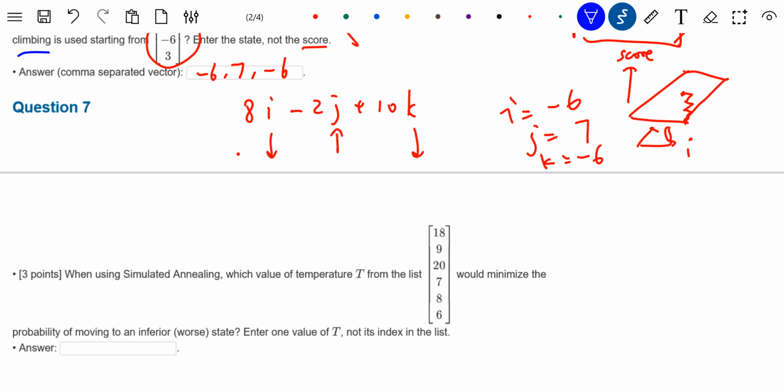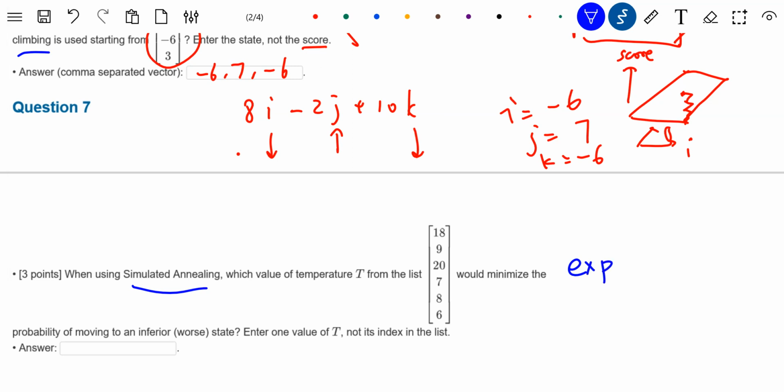And the next question is about simulated annealing, and you just need to remember the formula, which unfortunately I don't remember, so let me find it.